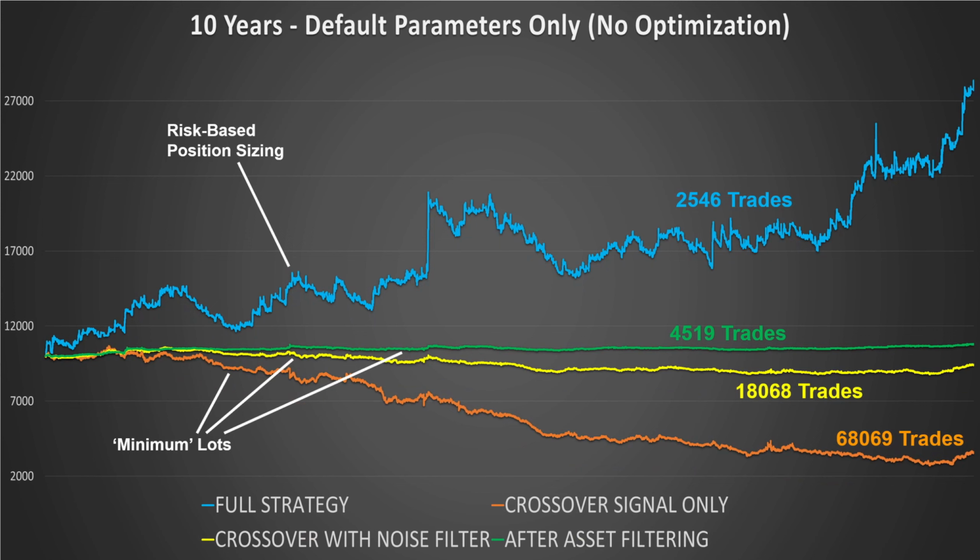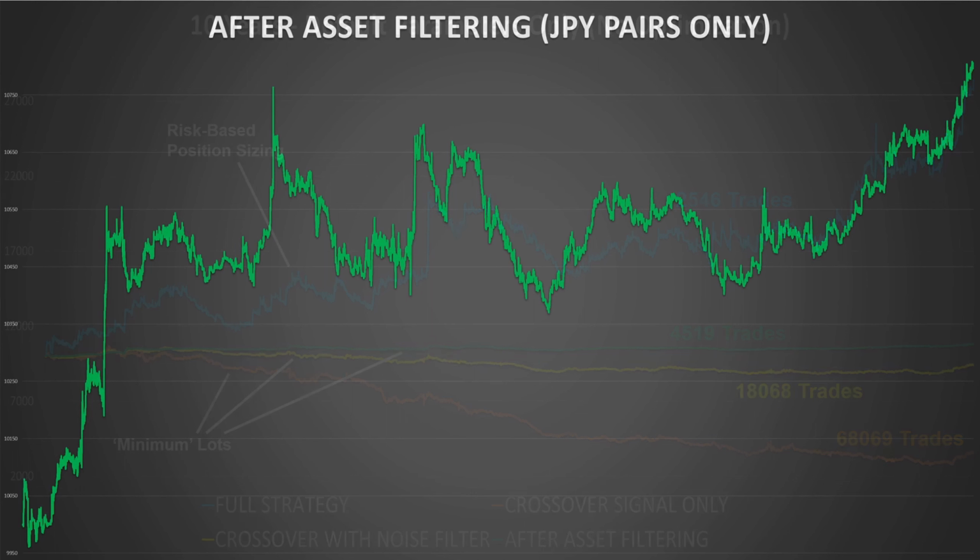So it's still a fairly decent number of trades, giving us some statistical significance. But when plotting it on this chart, which has such a diverse range because the blue equity curve here is on risk-based position sizing, whereas the others are on minimum lots, makes it fairly difficult to see. But we can see that more clearly by simply plotting it on its own.